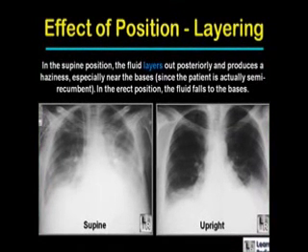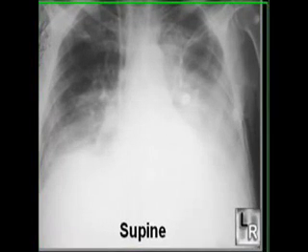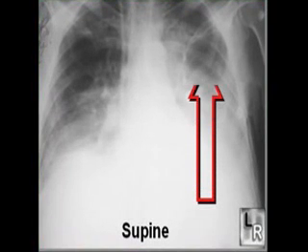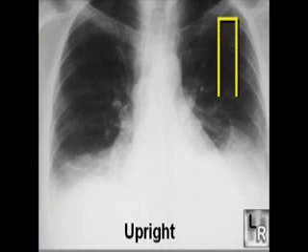These are the same patient x-rayed about an hour apart. One is done with the patient supine, the other following removal of the central venous catheter with the patient upright. In the supine position, the fluid tends to layer out posteriorly and appears larger than it does when it falls to the bottom of the pleural space in the upright position.